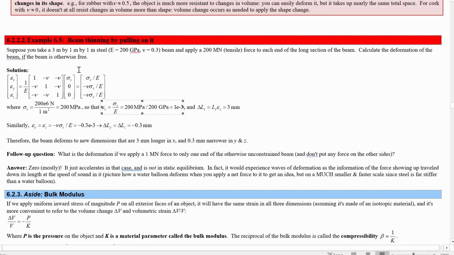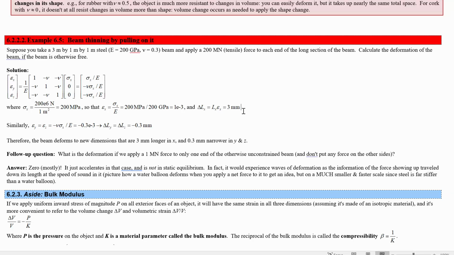So that means that we have the situation of uniform stress. And with uniform stress, we can say that the strain everywhere is also the same. So we can just multiply this strain by the original length to get the change in length. And if it was 3 meters long, then we have a 3 millimeter length change. Now just think about this for a little bit.